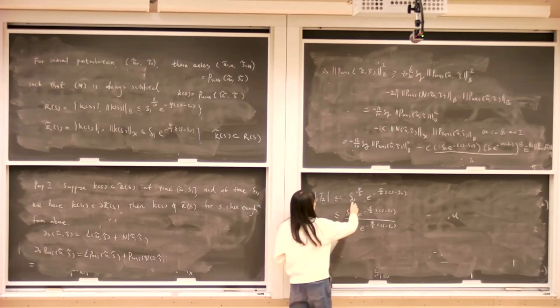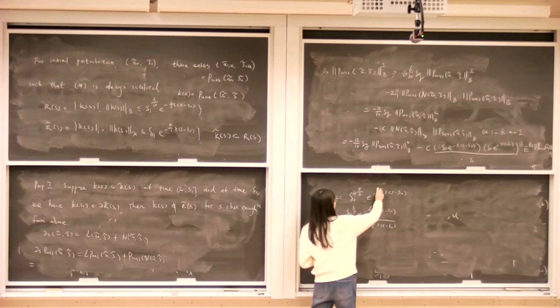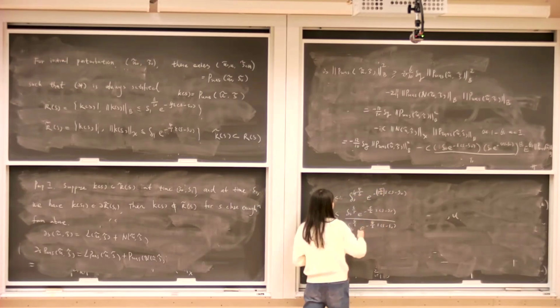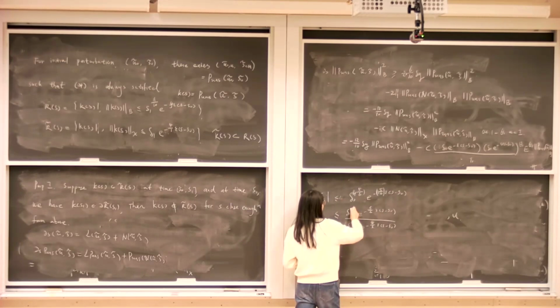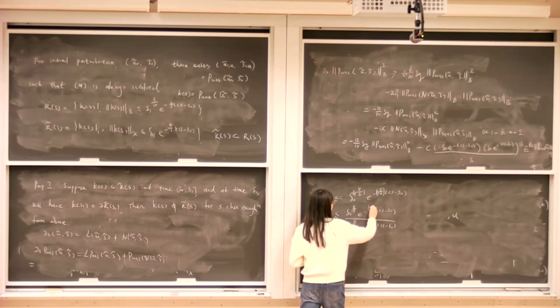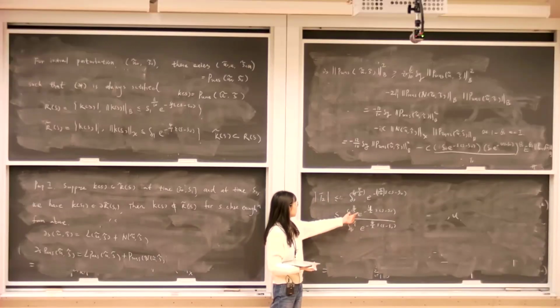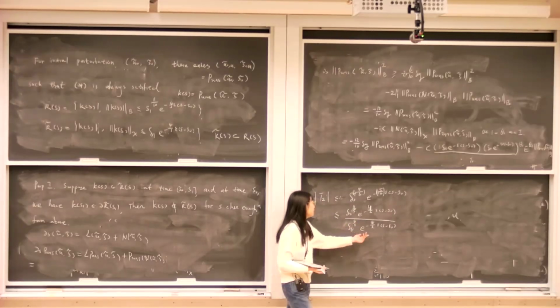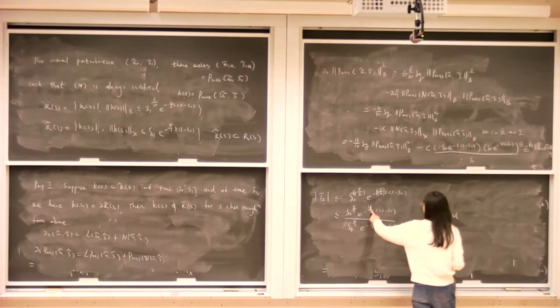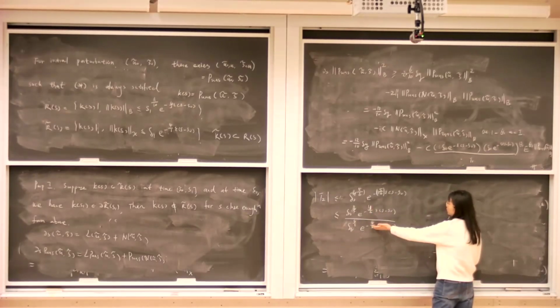Because it's quadratic, you already have a 1. So delta 0 to the 11/5 will be significantly smaller than delta 1 to the power 3 by our choice, and this 11/6 will be larger than the 4/3.